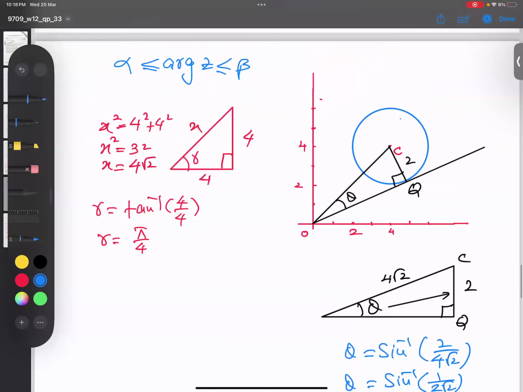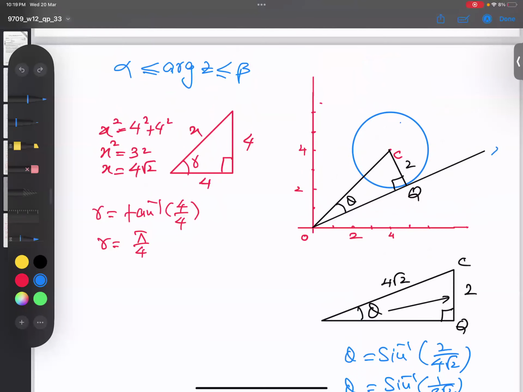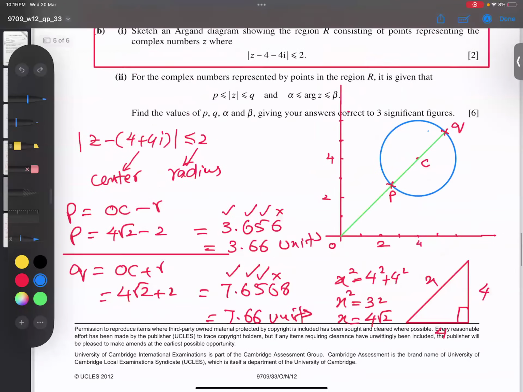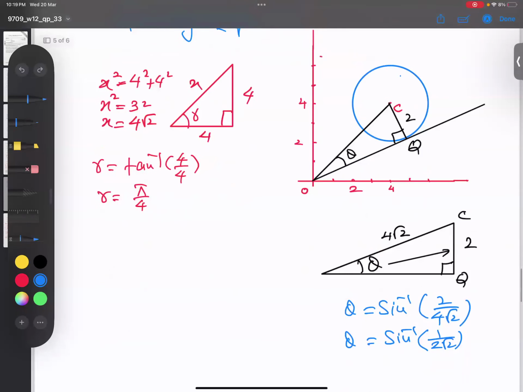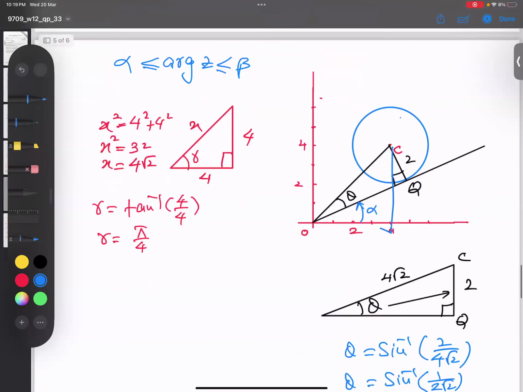And what is my target? Alpha is the smallest angle this black line makes with the x-axis, because the definition of argument, which I discussed on the previous page, is the least, shortest angle with the x-axis. So how to get alpha? If you look carefully, this blue triangle matches here. The full angle is gamma.